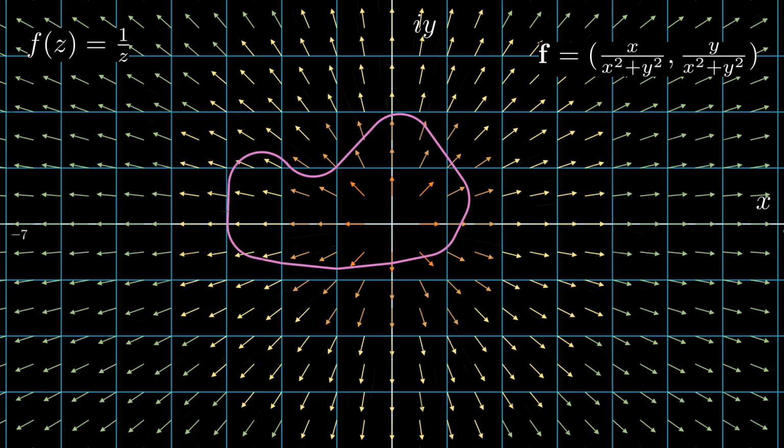Therefore, it makes sense that a loop enclosing the origin produces a non-zero flux and thus leads to a non-zero integral, while a loop that does not enclose the origin produces zero flux and leads to an integral of 0. This idea can be applied to any curve that winds around the origin any number of times.